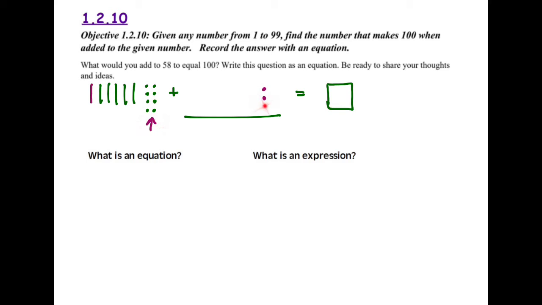These are all gone. So how many more rods do I need in order to make this flat? If I have 6, I need 4 more, right? 1, 2, 3, pretend that's straight, 4. So that represents 42. So I add 42 to 58 to get 100.